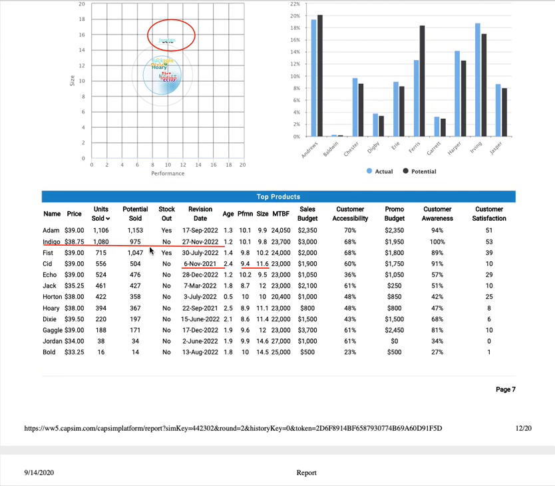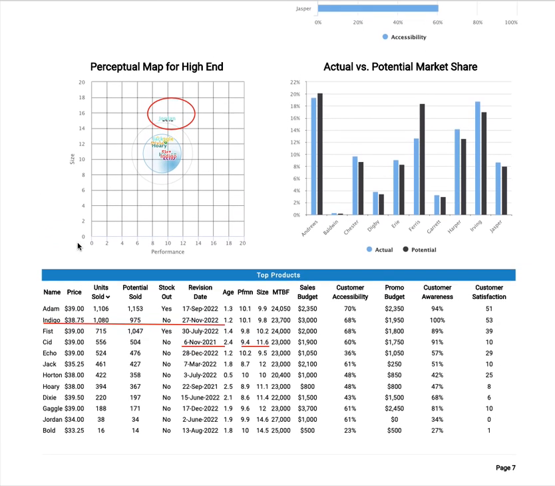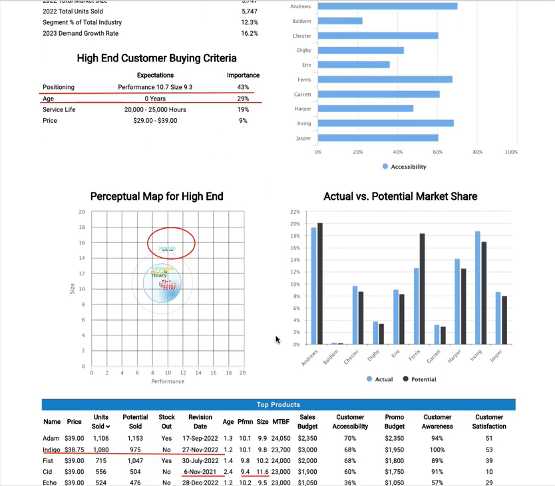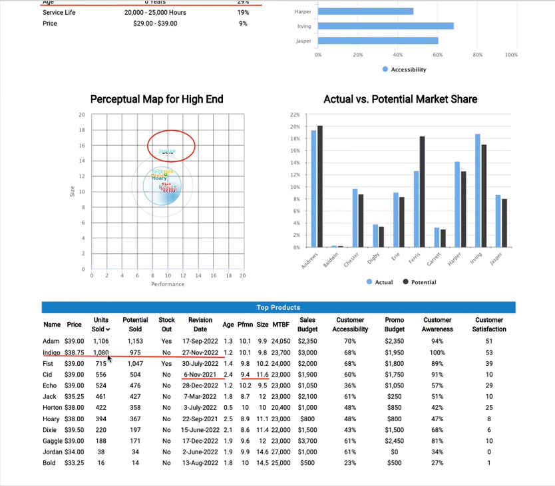And here I want to point out a very interesting situation. Indigo, their price is lower, but you see here, actually high-end customers are not really focused on the price. As long as it's good and it's fast, they will buy it. So even though they offer a relatively lower price, they cannot sell more than the Atom.